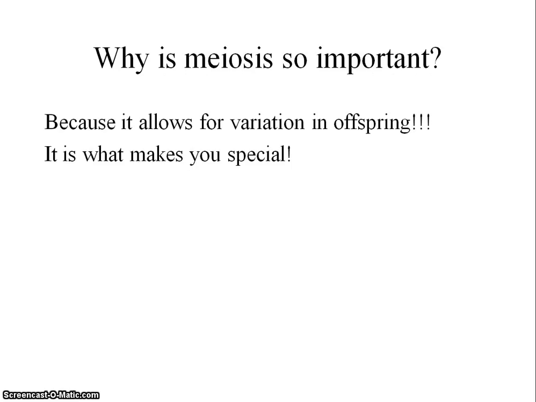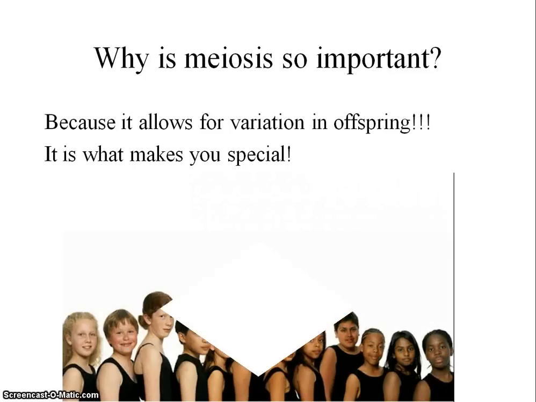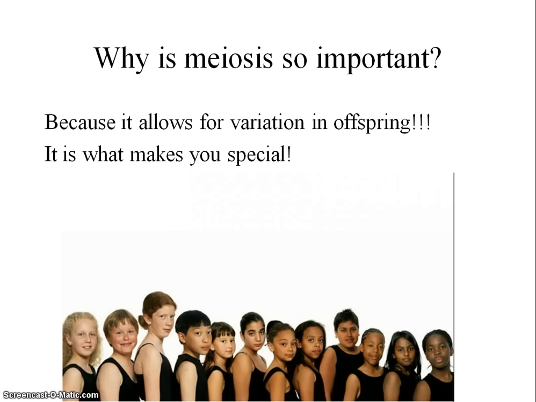Alright, so now that you've seen the phases of meiosis and you've heard about the results of it and you can compare it to mitosis, we're going to talk just a little bit about why it's so important. It's so important because it allows for variation in offspring. It's what makes you special. It makes you different from all of your brothers and sisters and from pretty much everyone else on the planet.